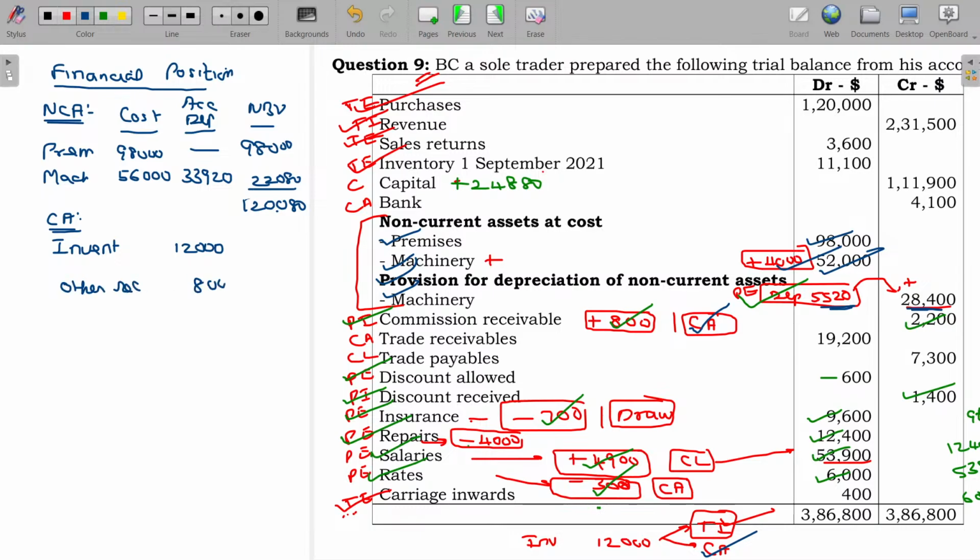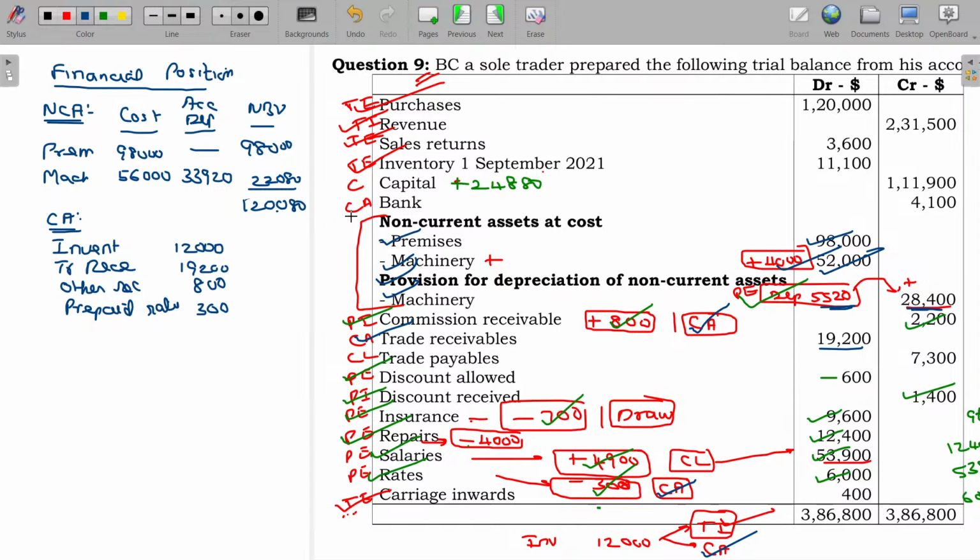Trade receivables, this value being 19,200. And here is rates. This is prepaid. We paid in advance. Prepaid rates, this value being 300.